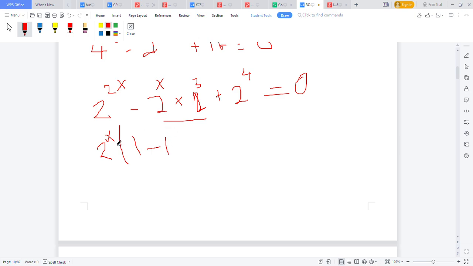So here you have 2 raised to power x, so 2 raised to power x, so here we're going to have 1 squared that times 2. So here you're going to have 1 cubed plus 1 raised to power 4. So that is going to be 0.